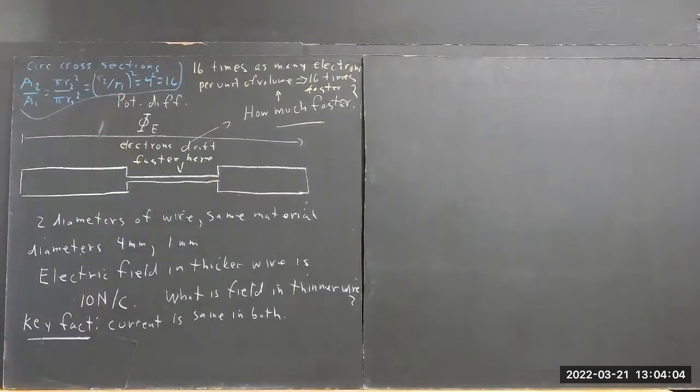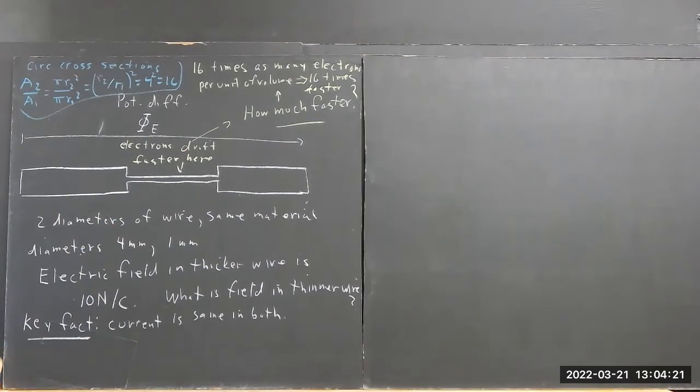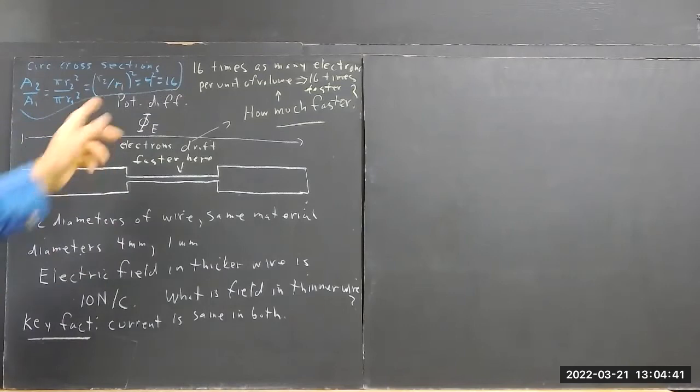The ratio of the areas of two circles is, well, the area of a circle is pi r squared, which we didn't get. We got to get that. That's got to be just part of your knowledge of the universe. You have pi r2 squared over pi r1 squared. That's the ratio of your areas. So that reduces to r2 over r1, squared. In this case, the ratio is 4, so you get 4 squared or 16. That's why they got to go 16 times faster here.